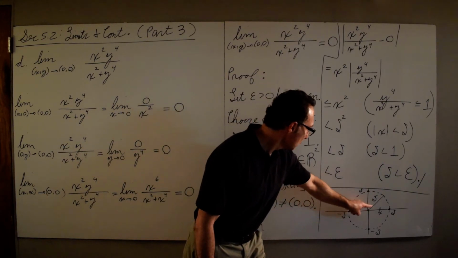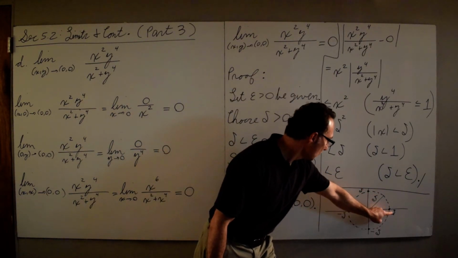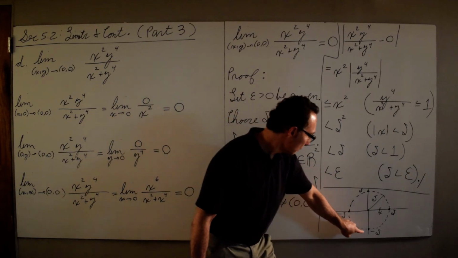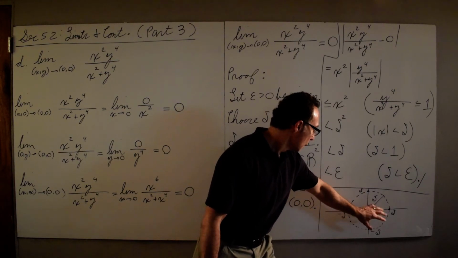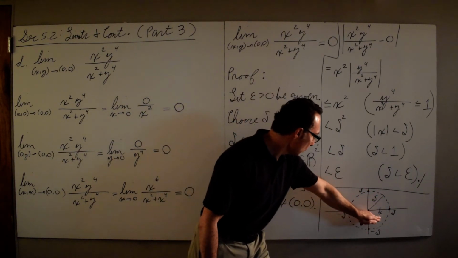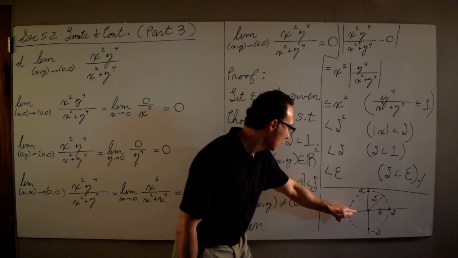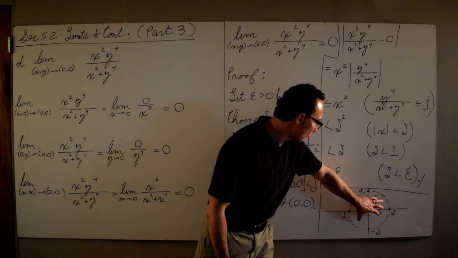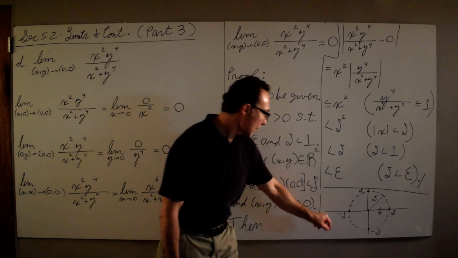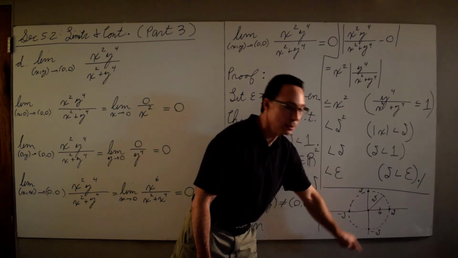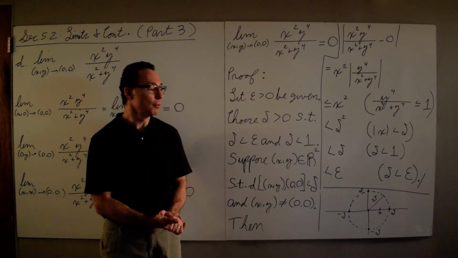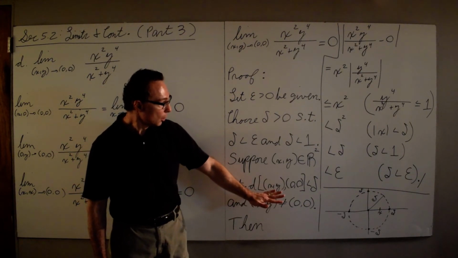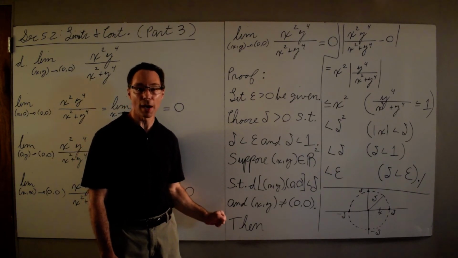This circle has radius delta, so this is the point (delta, 0), this is the point (0, delta), (negative delta, 0), and (0, negative delta). Wherever (x,y) is, I just put the x right there, it's somewhere along here. Its absolute value is less than delta because the point (x,y) is in the interior of that circle. So x has to be strictly between negative delta and delta. That's why the absolute value of x is less than delta. And so this is the end of our proof. And so this limit is in fact 0.